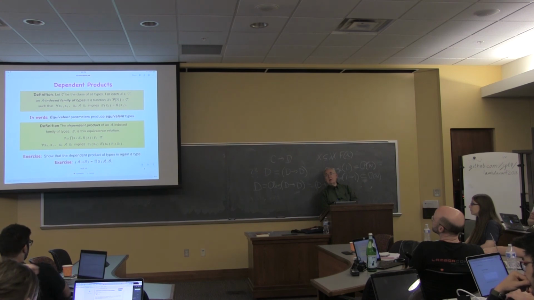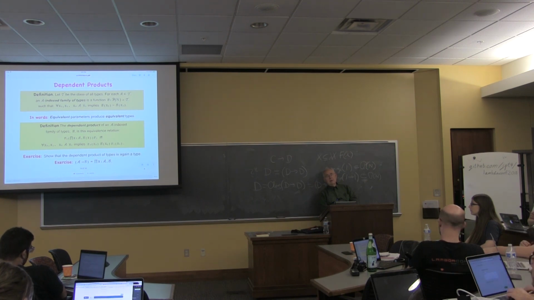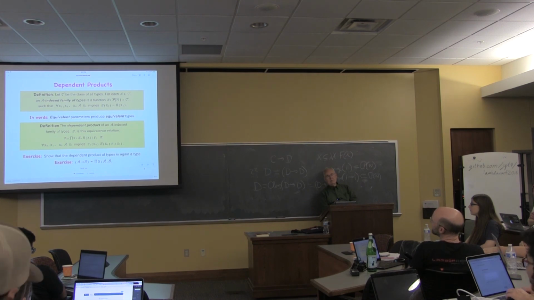See, B is a higher type thing of giving you families depending upon things of type A. And so I have to say, if two things of type A are the same, then f0 of x0, once I know what x0 is, should give me the same thing as f1 of x1.